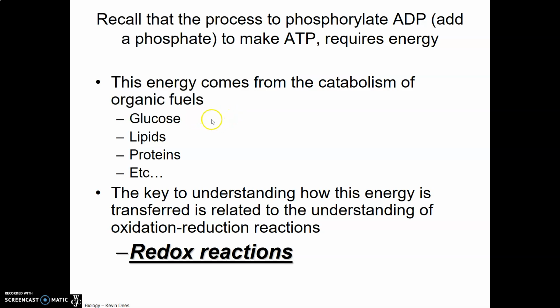So we're going to see how to harvest the potential energy found in glucose, in lipids, in proteins, etc. And one of the most important things that we're going to need to understand in how this energy transformation is going to take place is related to some chemistry known as oxidation and reduction reactions. And we're going to refer to these oxidation and reduction reactions as redox reactions.